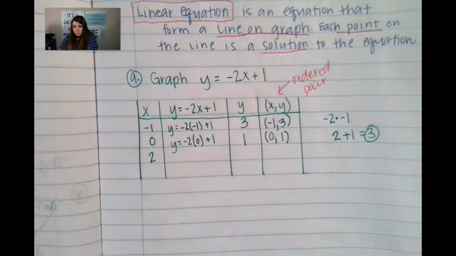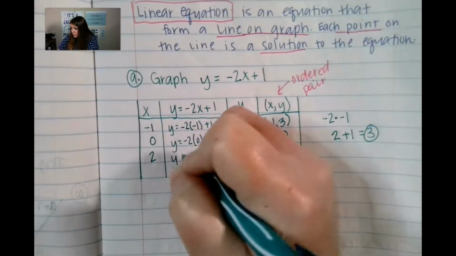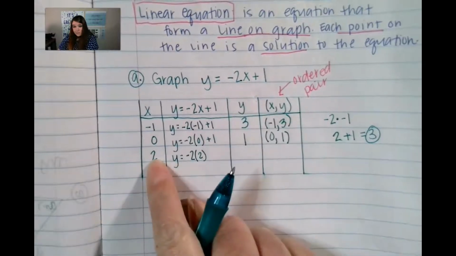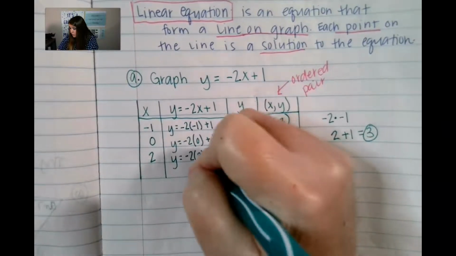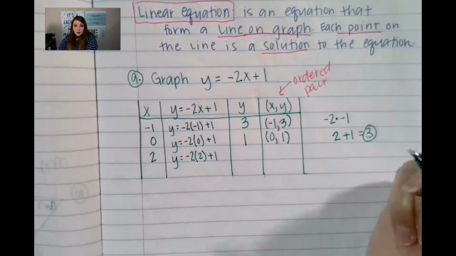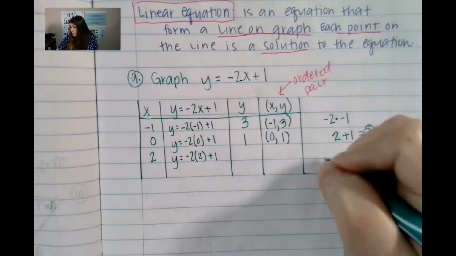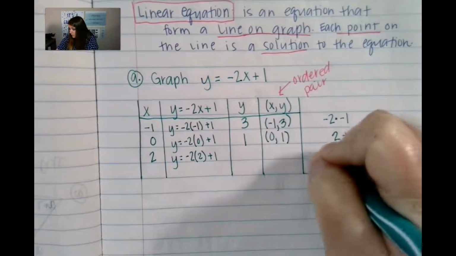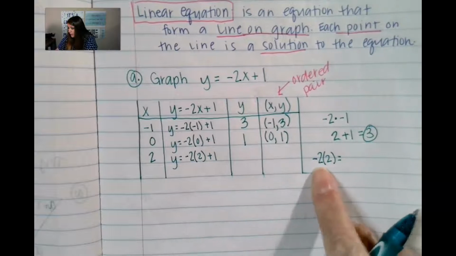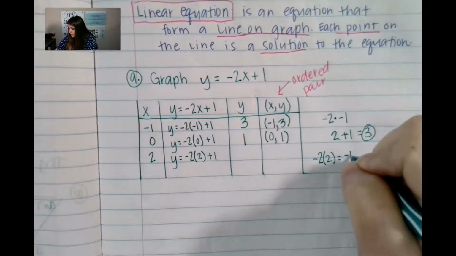And our last problem that we have is y equals negative 2 times 2, because they give us the 2, plus 1. And we're going to figure out what our y value is. So we're going to solve again. Negative 2 times a positive 2 gives us negative 4.